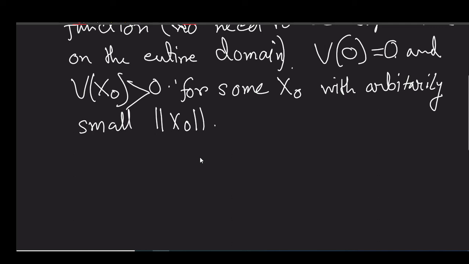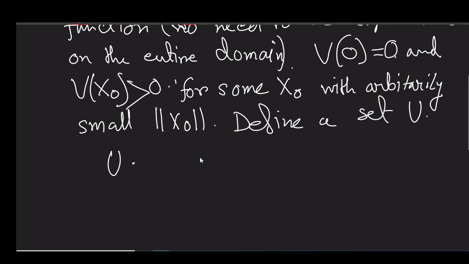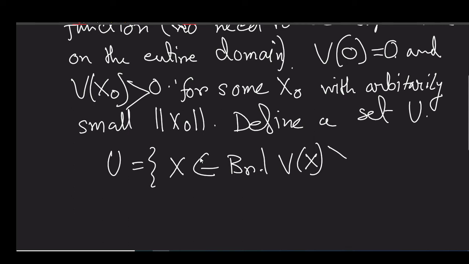Now we define a set U. How to define U? U contains x belonging to a ball BR such that V(x) is greater than 0.